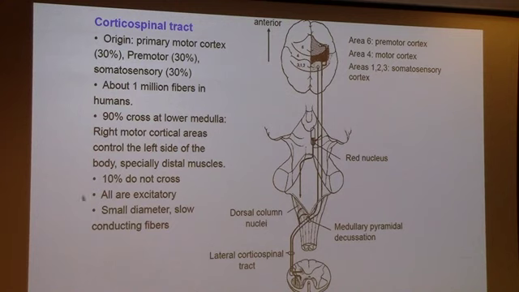There is also a small amount of the CST that will not cross, and this small amount essentially controls the proximal muscles rather than your distal muscles. So this 90% is mainly for fine movement, like moving your fingers, but the 10% only helps you to move the arm muscles, some proximal muscles.